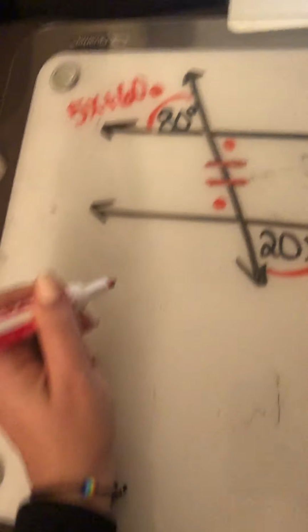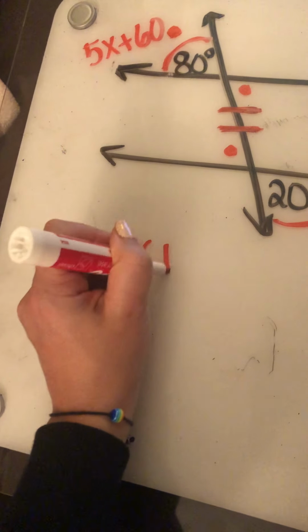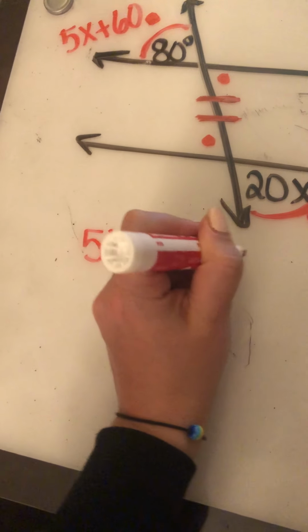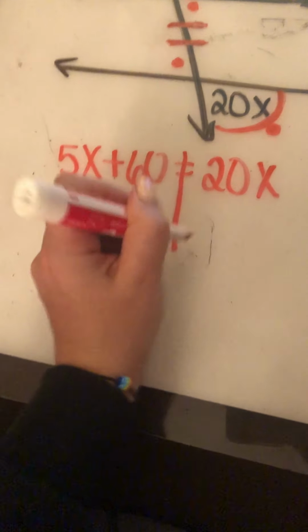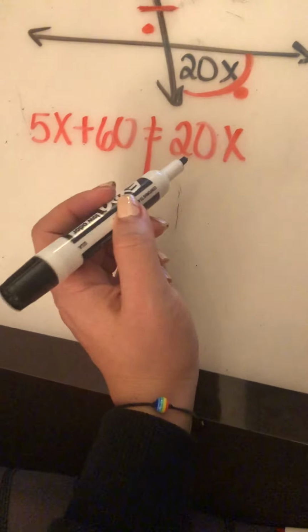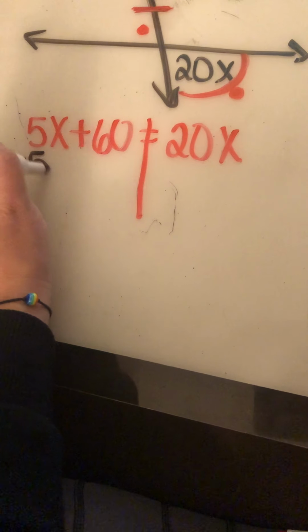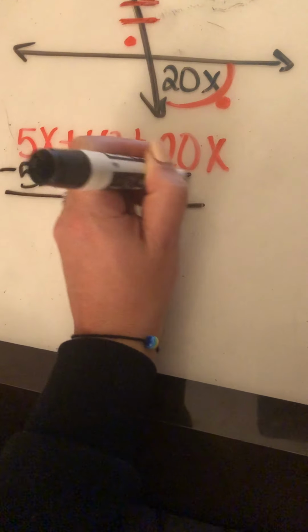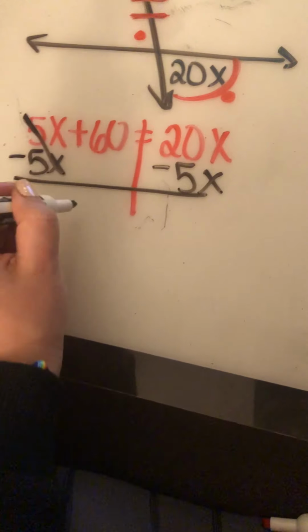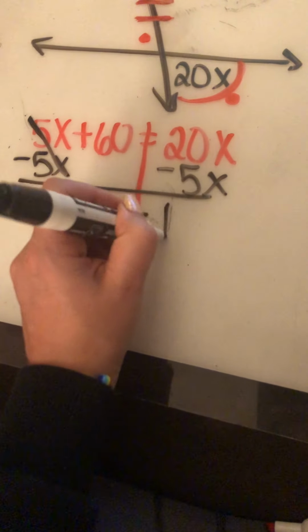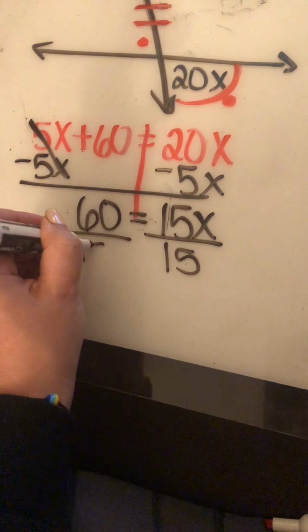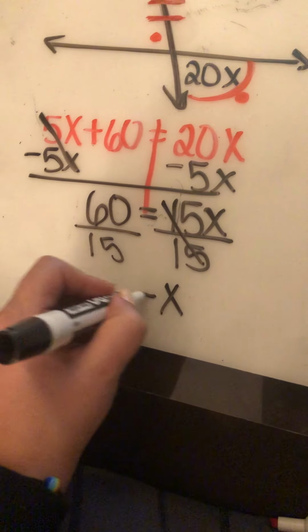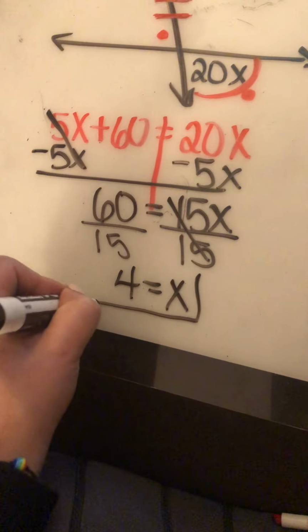So let's say it was 5x plus 60 equals 20x. Okay, to solve this, we would pick our anchor. I would keep 20x there. I would inverse 5x. Take that away. We're left with 60 equals 15x. And then we would divide by 15. And we would get x equals 4. So same thing as before. I made sure that x was the same solution.